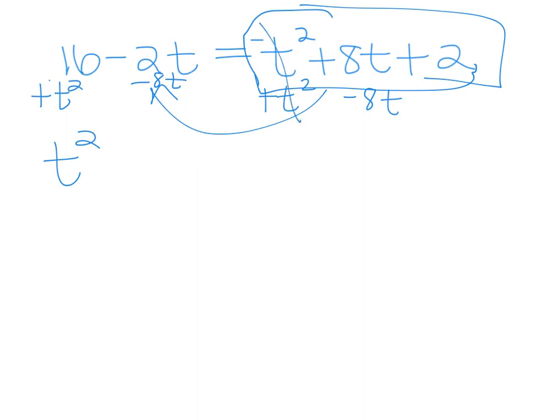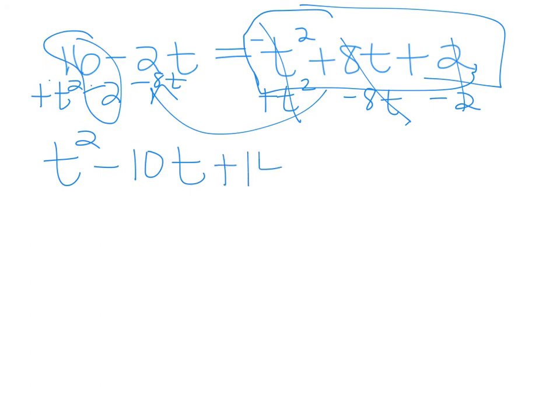Negative 2t minus 8t is negative 10t. And if I subtract 1 on this side as well, 16 minus 1 is positive 15. And then we are left with 0 on the right side of the equation.